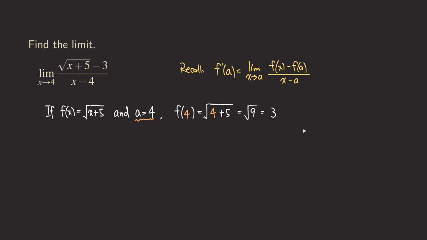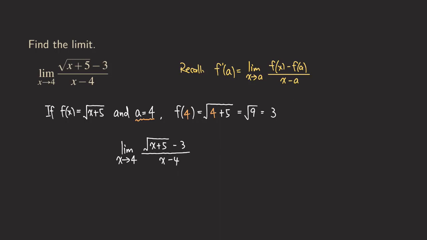So what really happens is that we are going to try to match this limit with this expression right here. You may say, how does that work? Well, let's copy down this limit first. So we have x approaching the 4, and then we have the square root of x plus 5 minus 3, all over x minus 4, right?